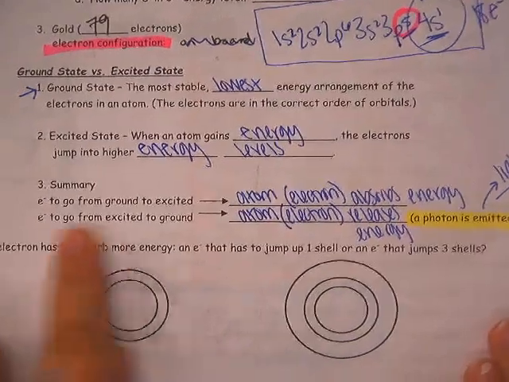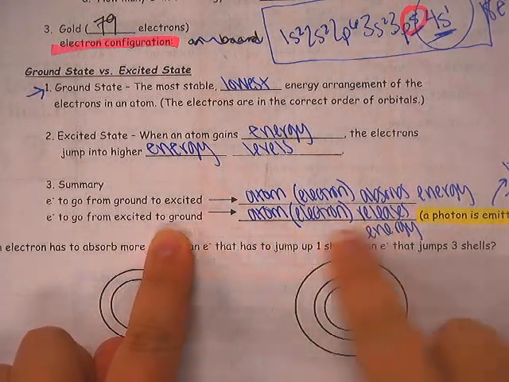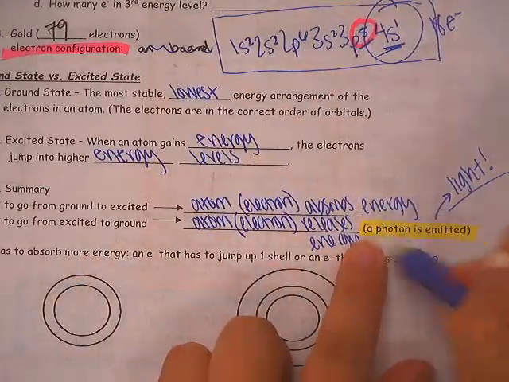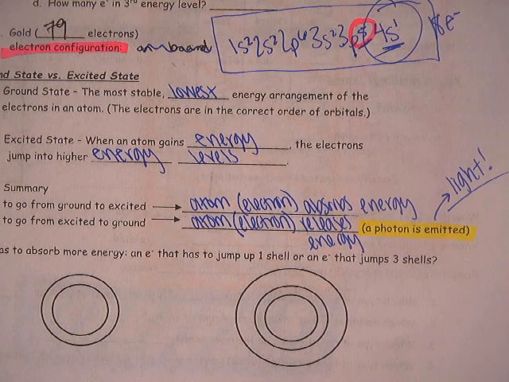And the answer is that electrons go from the excited state to the ground state. So they are releasing energy. So that light is given off as energy is being released. That energy is released in the form of light, which is how we're able to see it. So students often mix this up and they get confused. Light energy can be absorbed by certain things, but that's not what we're talking about in this case.